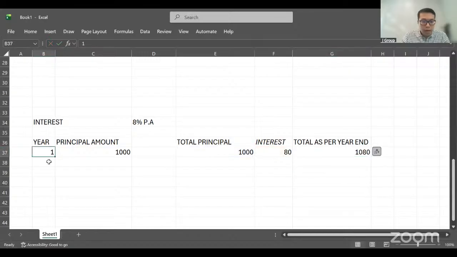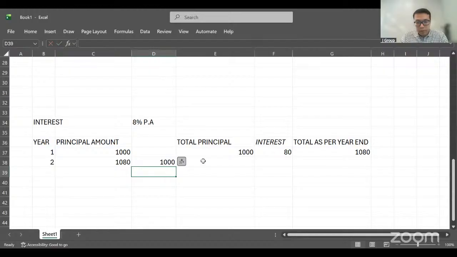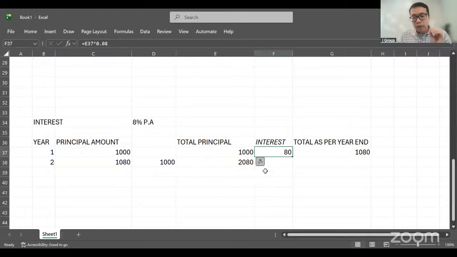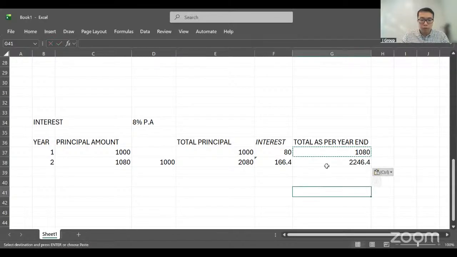When we come to year two, I carry forward from the previous year, and now I add in another 1,000. So now my total principal is 2,080. I'm going to earn interest on this 2,080, and now my ending is 2,246.4.